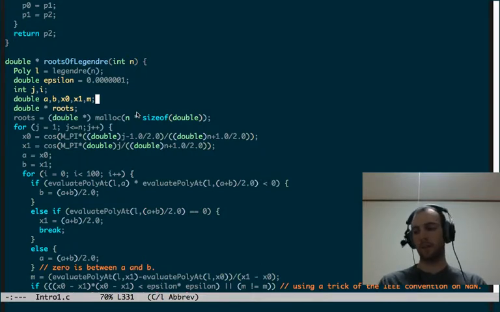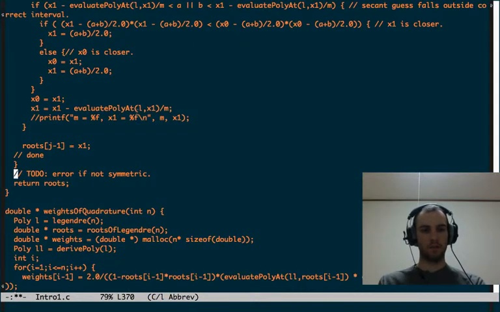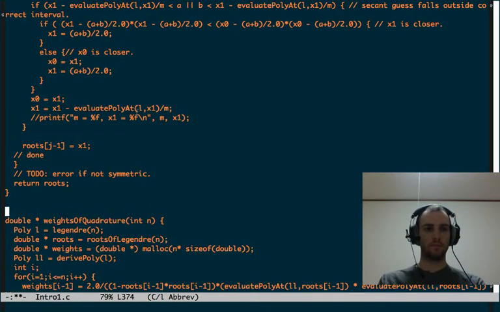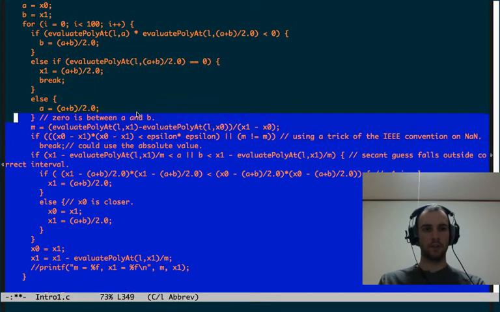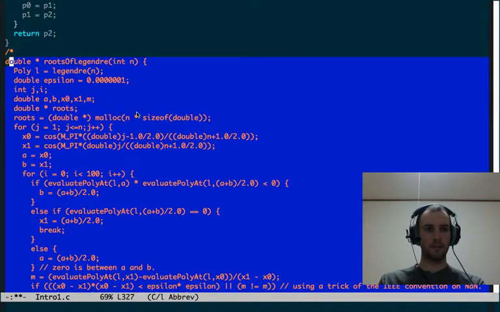Okay, for this specific case, because we know that the roots are in between 2 points, let's just keep that for now, and write down a simpler version that simply does the bisection method.